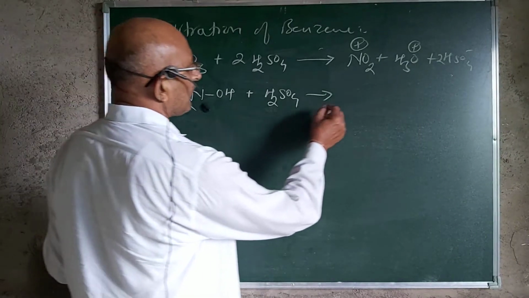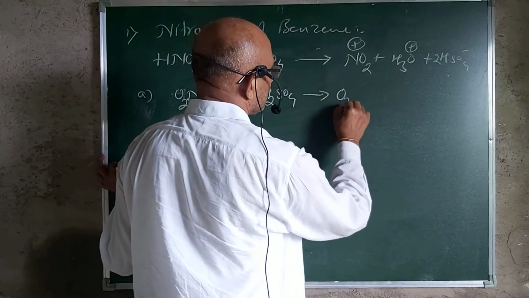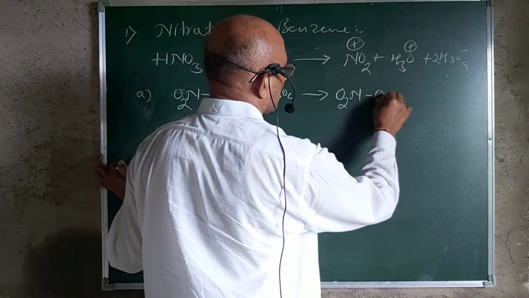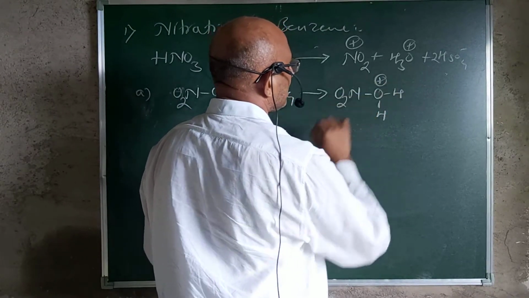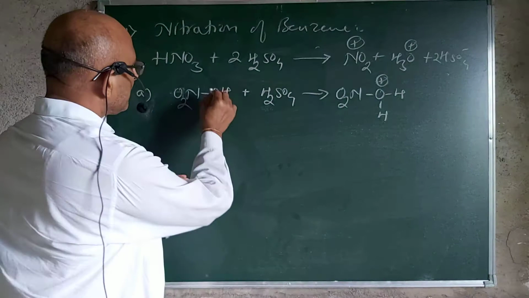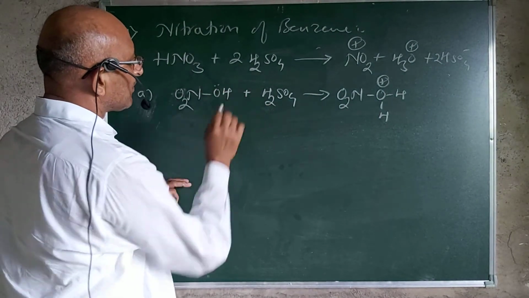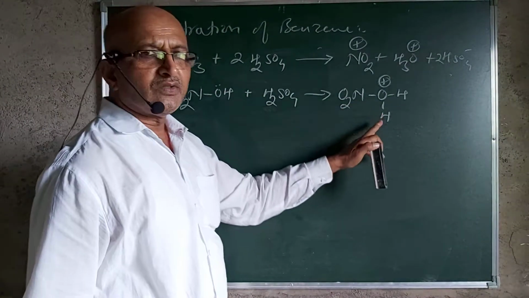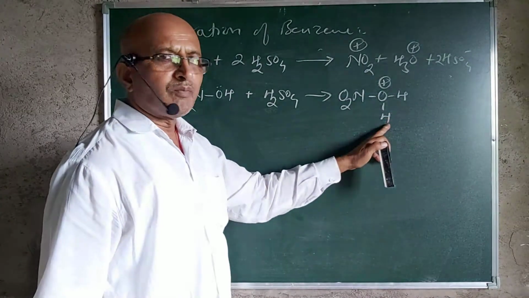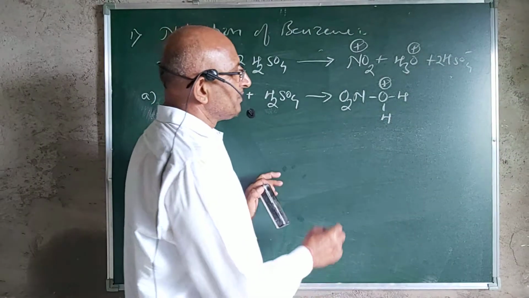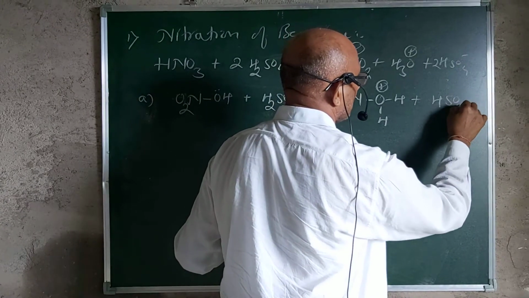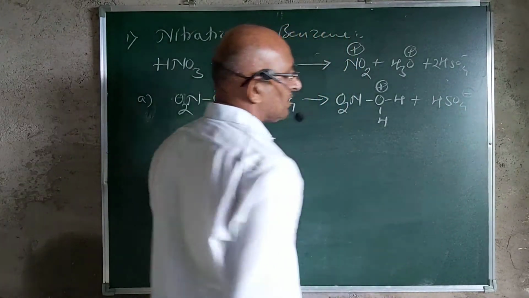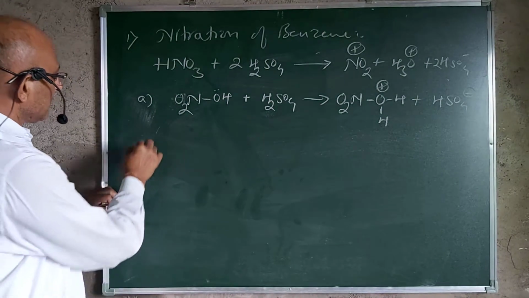Here you get NO2, OH, H, with a positive charge, meaning the electron pair of this oxygen has been given to this proton. You get the formation of this complex where the positive charge has developed, and the conjugate base, HSO4−, has been formed.